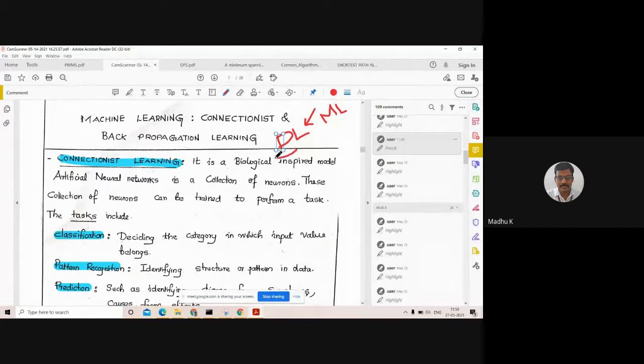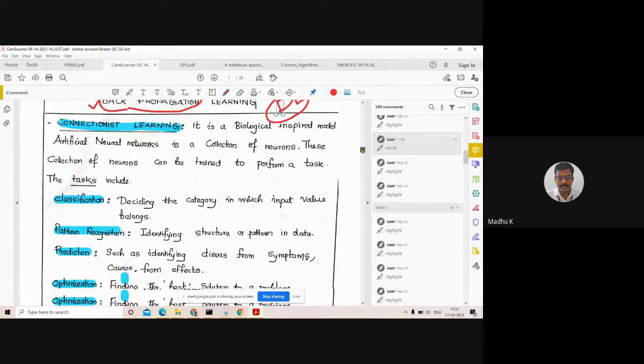DL is basically connectionist learning, and one of the algorithms in DL is back propagation network learning, BPN. Others are Adaline, perceptron learning, etc. We want to study BPN here.